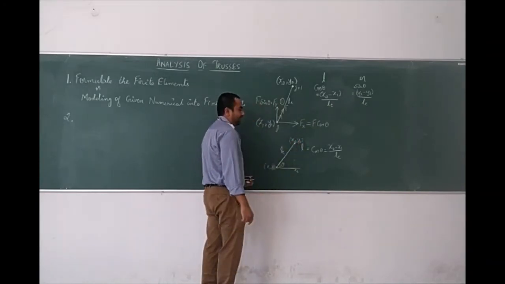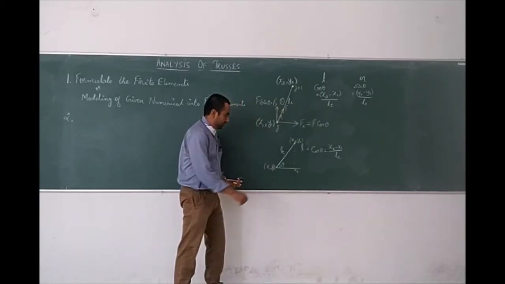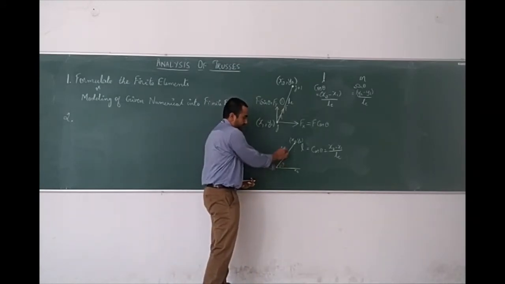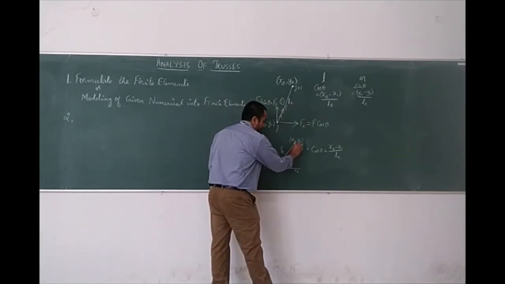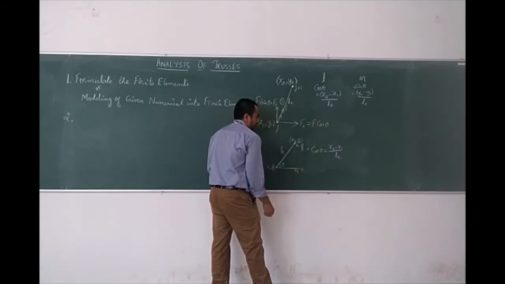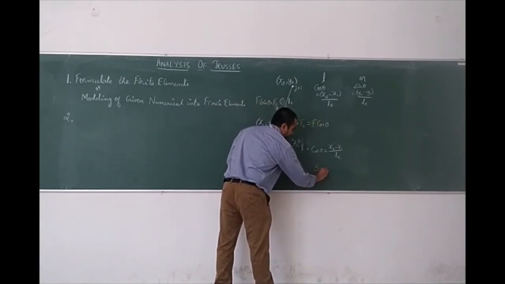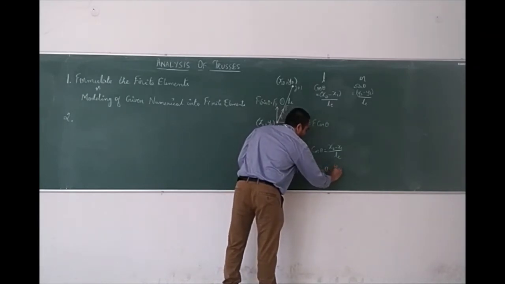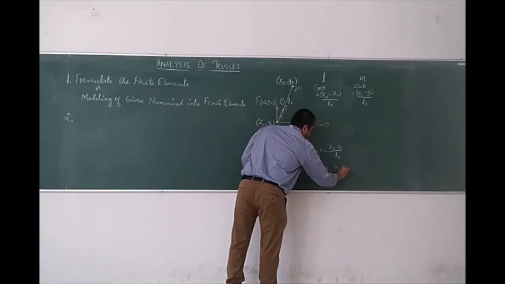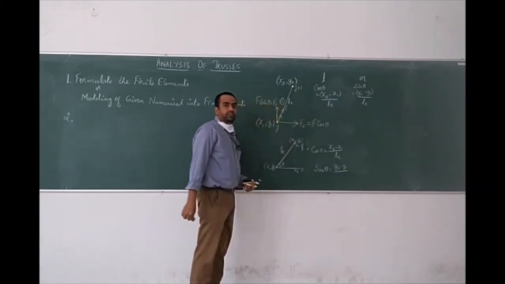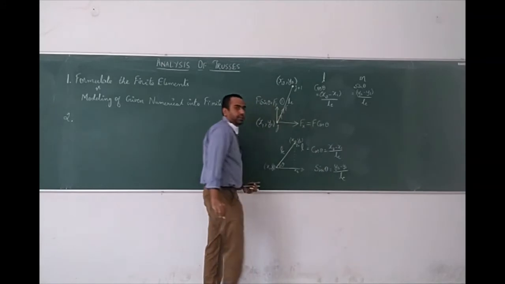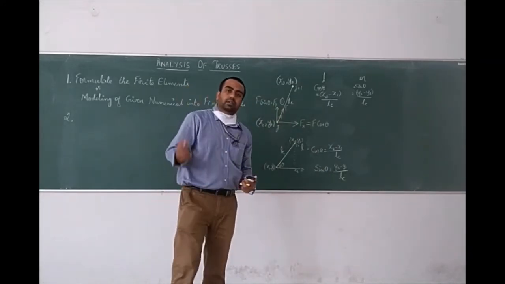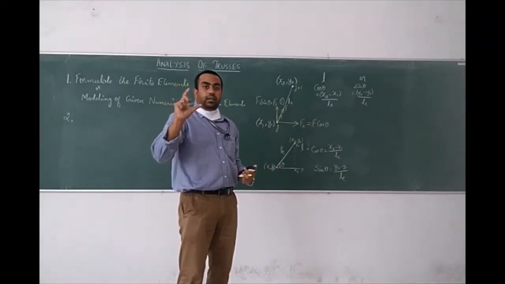So if I want to calculate sin theta, it will be opposite side by hypotenuse, opposite side y2 minus y1. So sin theta is given by y2 minus y1, entire thing divided by L suffix e, where L suffix e is the length of the given element.